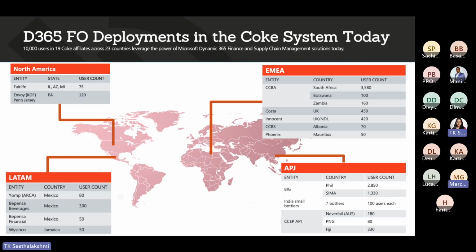I'm based in Atlanta, and one of the things that we've done is come up with really attractive pricing and service offerings through our partners for Coca-Cola and Coca-Cola bottlers and entities within the Coca-Cola system.